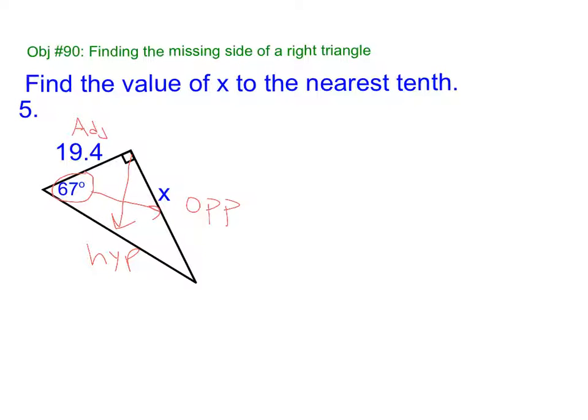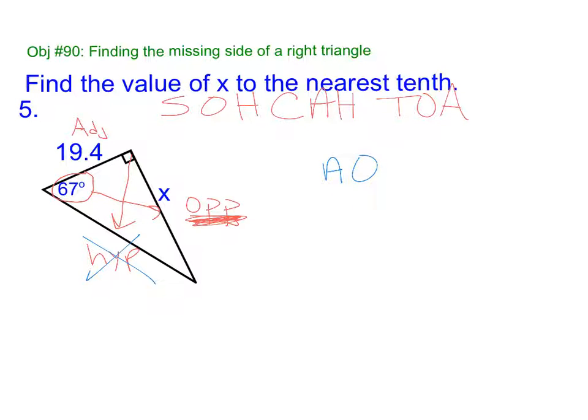All right, so look at the triangle. Which one has nothing next to it? While the opposite has an x. So even though we don't know the information, we still know that's part of the problem. So we're going to cross off the hypotenuse. So that means we're left with our adjacent and our opposite.